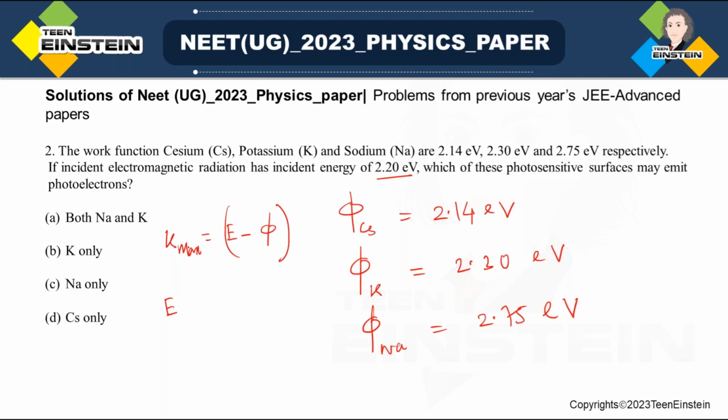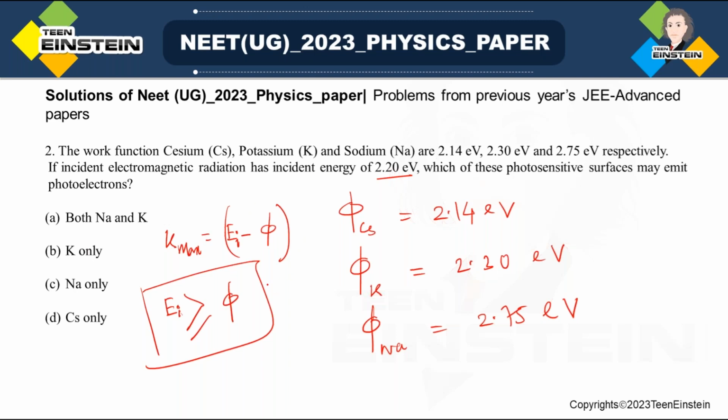At least to have photoelectric effect, incident energy, let us say this is E_I, must be greater or equal to phi. Phi means work function here.